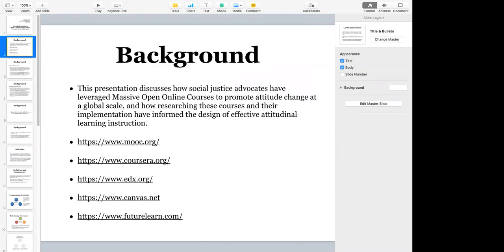So the background is that I'm going to let you take a couple minutes to go online and look at these different open online courses to promote change at a more global scale, and how researching these courses and their implementation have informed the design of effective attitudinal learning instruction.